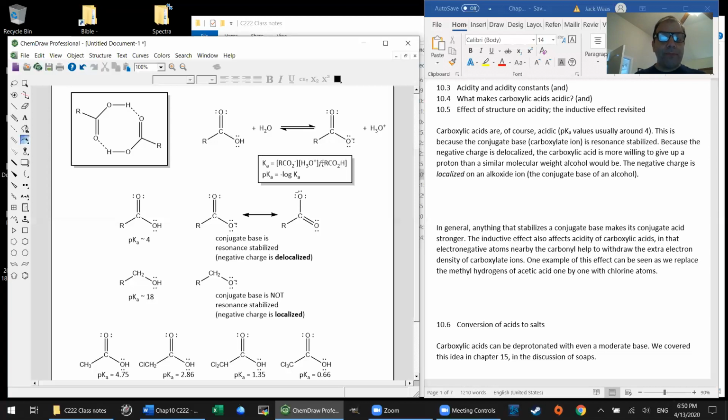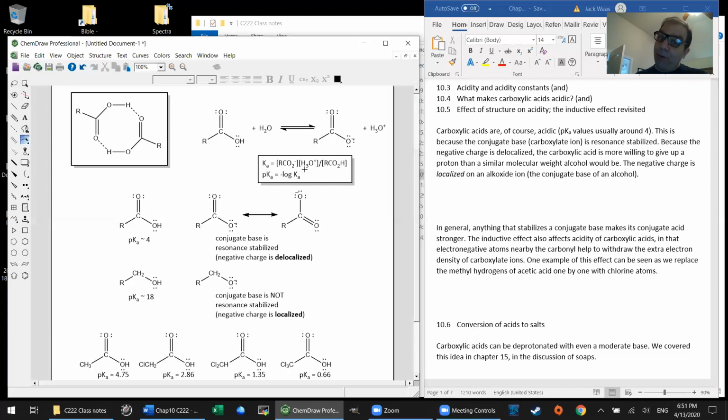But the thing about Ka values in general, if you look any of them up, and I think you'll see them mentioned in the textbook or on OWL, the typical Ka values are some pain in the backside, like they tend to be like 5.63 times 10 to the minus 10th. And so they're just not real convenient to use. And that's why we use pKa values. We take minus the common logarithm, or base 10 logarithm, of these values. And then you get nice numbers like 5.63 or 9.11. It's just much easier to deal with.